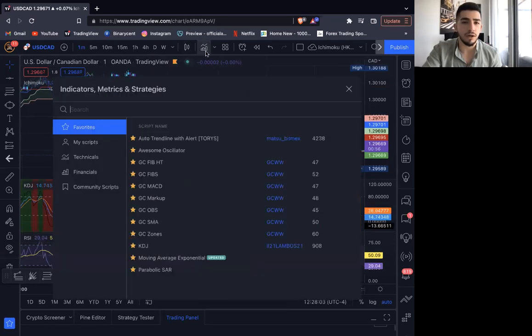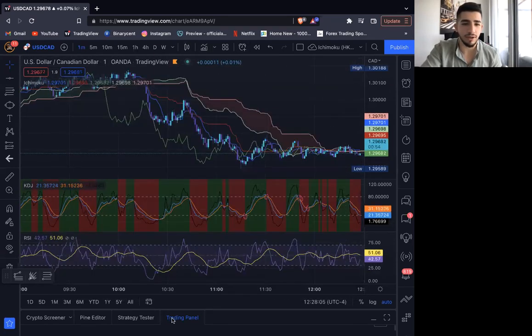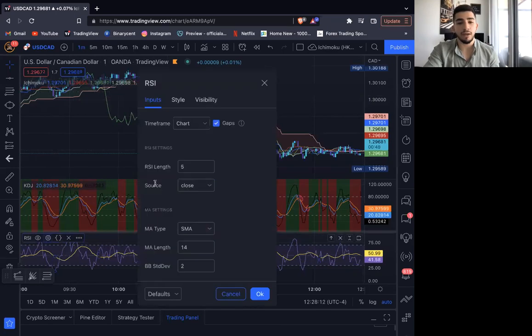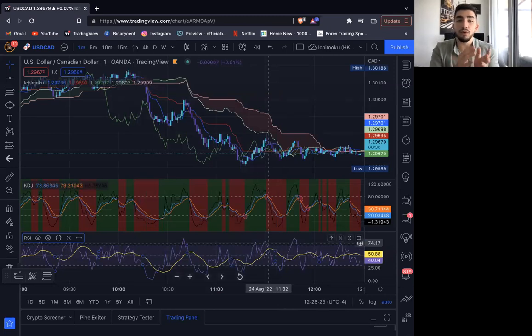Why 5? Let me pull up the chat. Did somebody ask? Yeah, why 5? The reason we make it 5 is, you see, it says RSI length. The default was 14, correct? That's designed for Forex trading, foreign exchange trading, which is the same thing, USD, CAD, and so on, however it's a different form of trading.